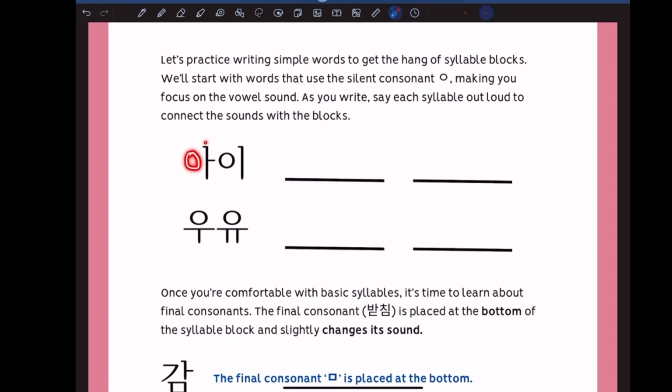So although it is a combination of the vowel and the consonant, it always sounds as the vowel. As this was the a sound and this is the e sound, this is going to be pronounced as a-e.